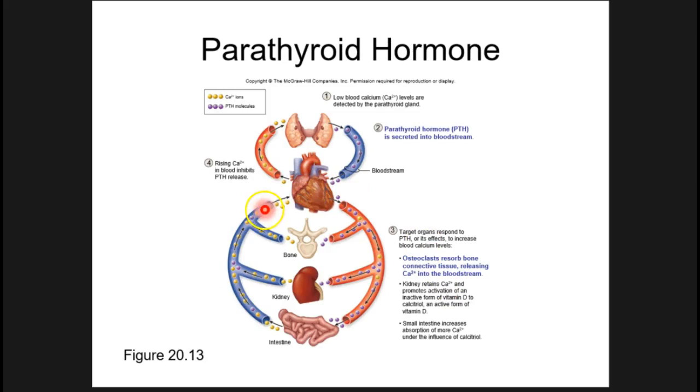So parathyroid hormone doesn't just increase reabsorption of calcium from bone. It also increases reabsorption of calcium from the kidneys. So calcium that would otherwise be peed out will be reabsorbed by the kidneys. And it also increases absorption of calcium from nutritional sources in the GI tract.